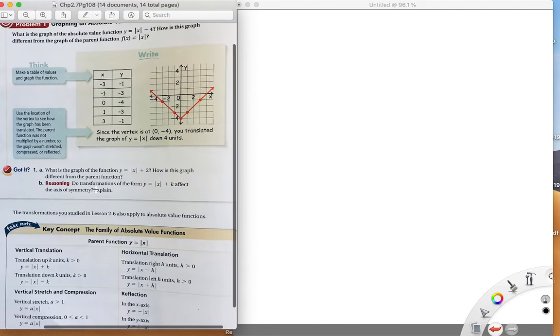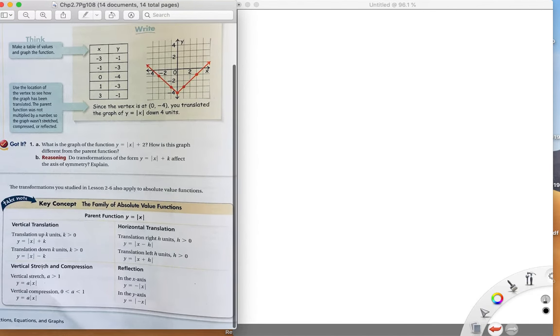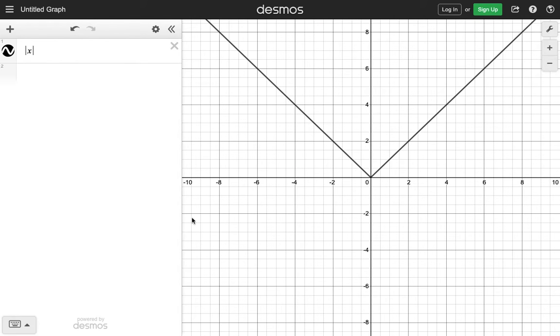So here are my translations. We just did vertical translations. If we add, it goes up. If we subtract, it goes down. Horizontal translations: if we subtract inside the absolute value symbol, not the parentheses, the absolute value, minus 2, it's going to go 2 units to the right.